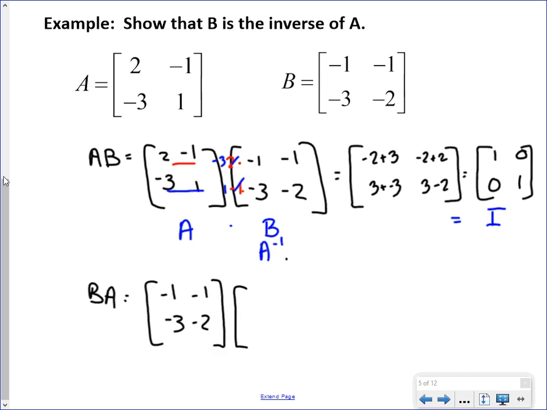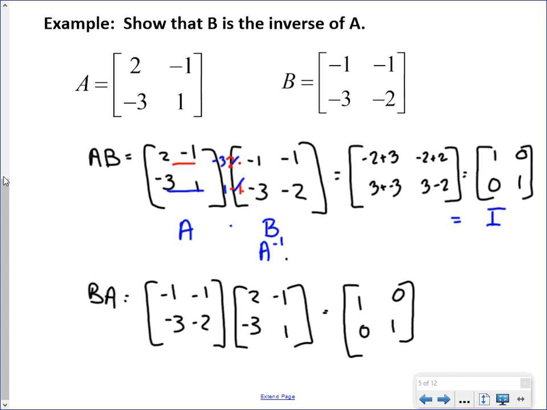So I'm not going to take the time to do the multiplication, but you certainly could look this over on your own time, and you could look at some problems in the book as well and see that no matter what order you multiply them, if they're inverses, they equal the identity matrix.